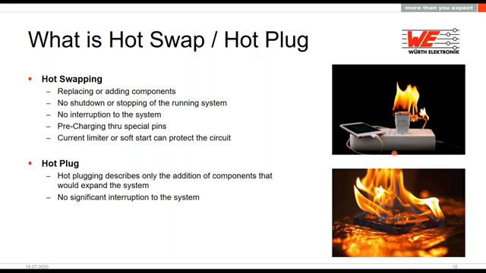This is also done by pre-charging through a special pin, for example, when there's some connector or soft start peripheral. Hot plug describes only the addition of a component that expands the system with no significant interruption to the system itself. So there's a little difference, but in the IC datasheet they use the terms in a similar way.